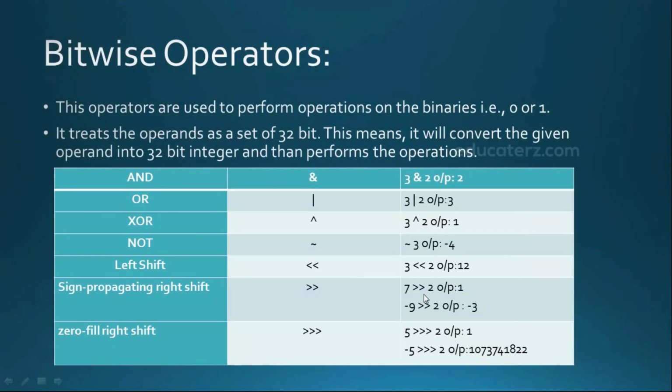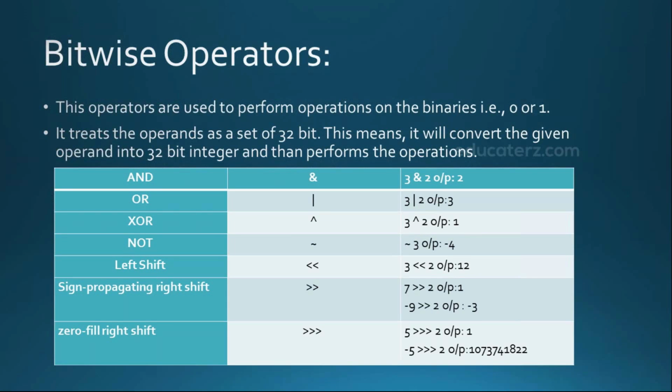But the main thing here is, as in binaries, the first digit will denote the sign of the value. When you use this sign propagating right shift, that sign bit will not be converted into 0. It will remain as 0 if the number is positive or 1 if the number is negative.